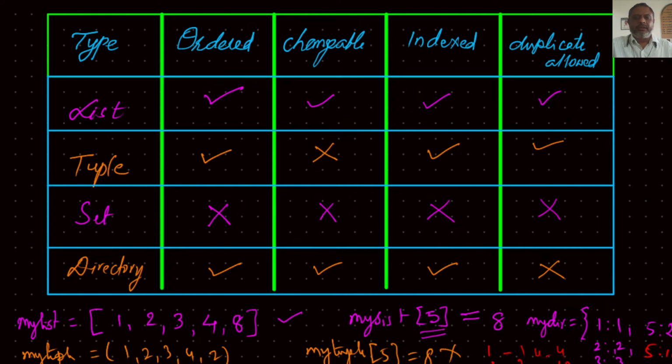So size is changeable, any particular element value is changeable, and that is possible in a list. Coming to the tuple, we cannot say my tuple 4 and try to assign some value like 55.